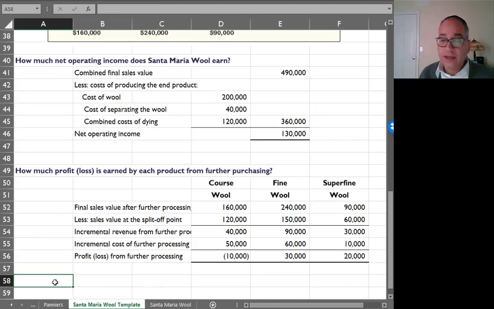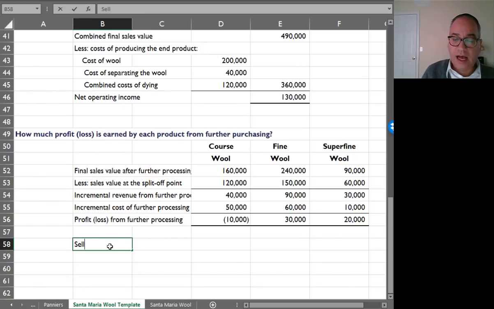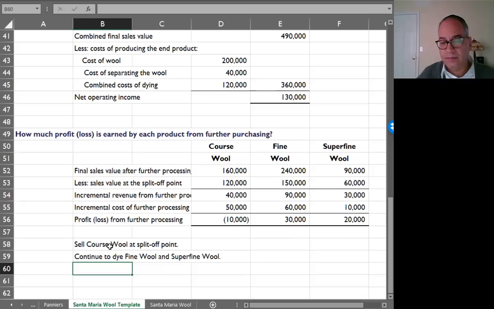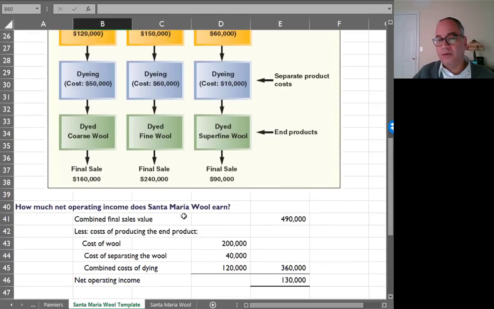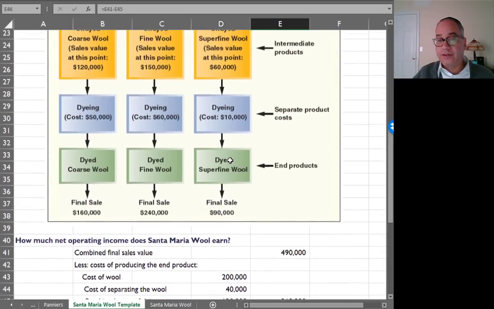So the answer here is that if you wanted to increase your profit, what you would do is sell coarse wool at this split off point and continue to dye fine wool and super fine wool. So what your product mix here would be to maximize, and you could increase your profit $10,000 from $130,000 to $140,000 if you do this.